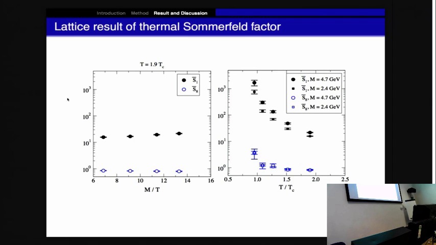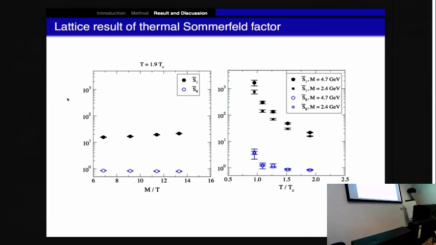The right figure is the Sommerfeld enhancement factor for the singlet and octet. The octet is repulsive, so it stays of order 1, but surprisingly the color singlet part, which is attractive, has a huge enhancement. It's like 100, even 1,000, compared to order 1, what we would expect in perturbative analysis.